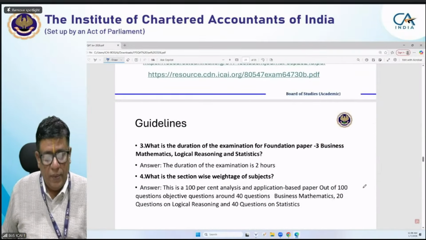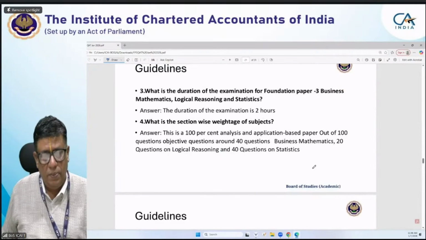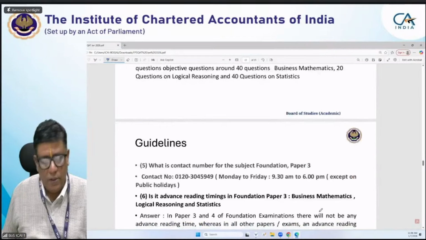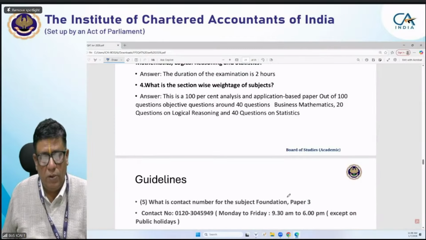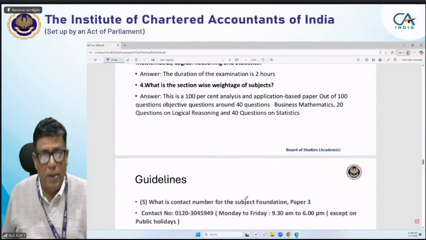And you know very well this examination is 100 marks, with a large question paper and 2 hours, and there is no preparation time, that means the question paper would be read directly, as reading time is not there in Paper 3 and Paper 4.